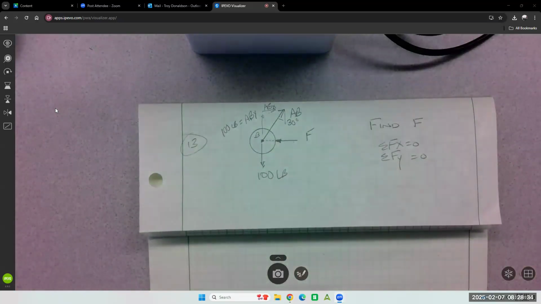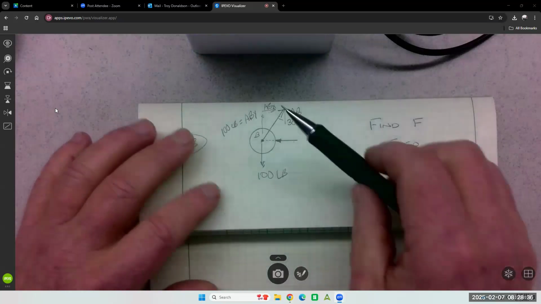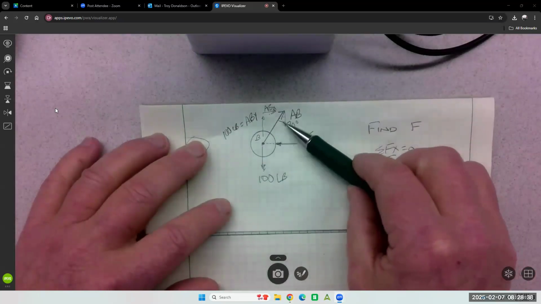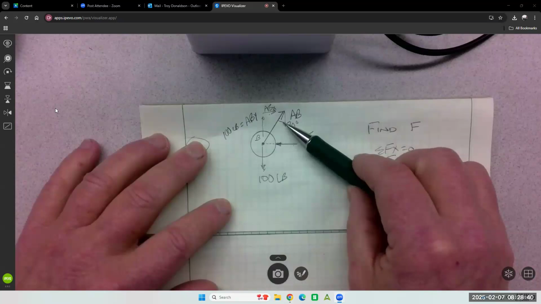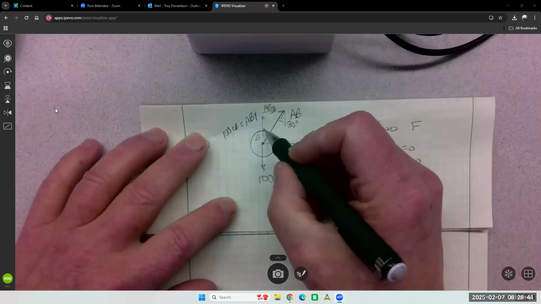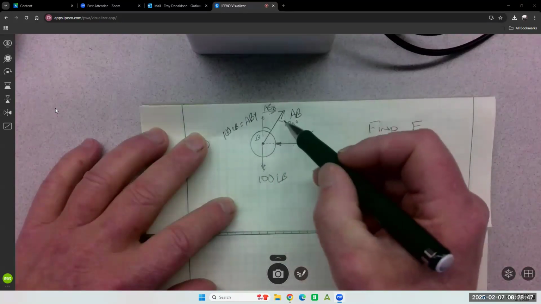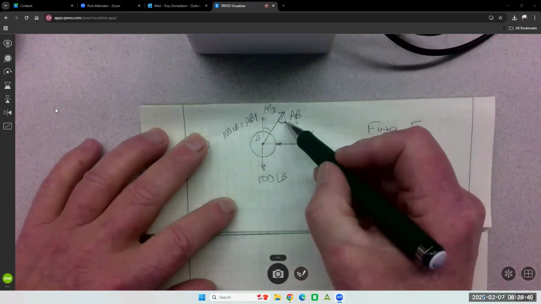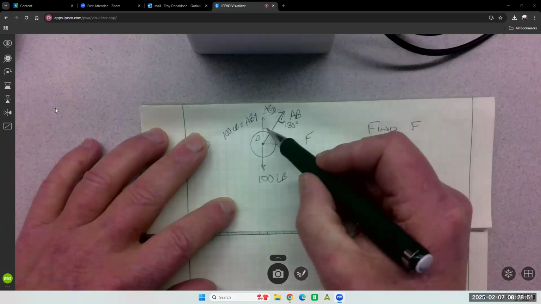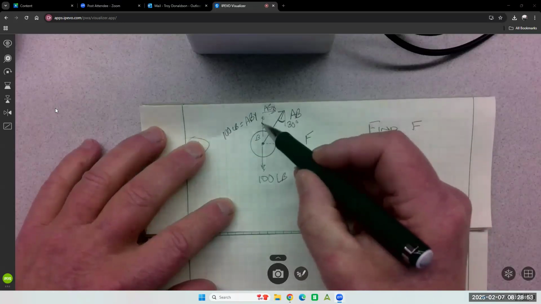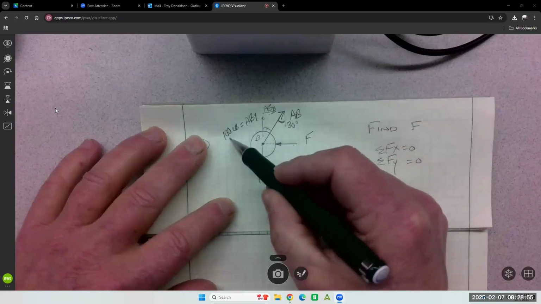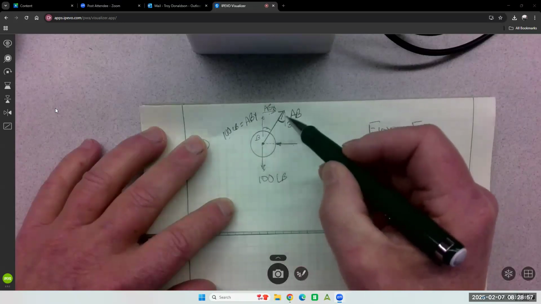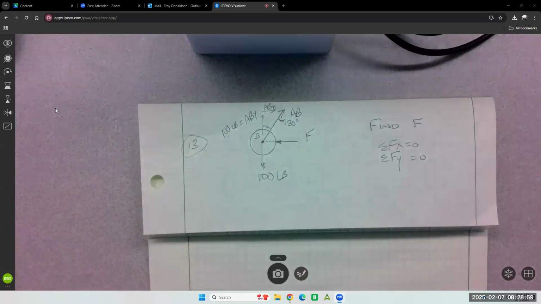But we do know the angle of AB. It's at 30 degrees, so this is 30 degrees right here, right? Interior opposite angles, 30 and 30. So I know this is 100. I don't know AB, but I know the angle. We should be able to solve for it, right?